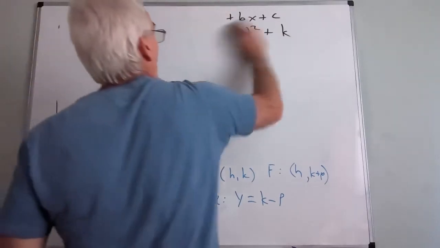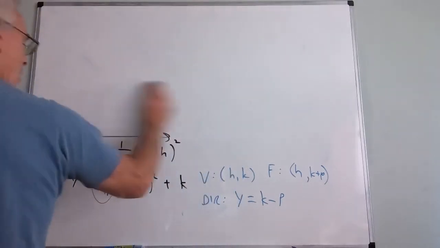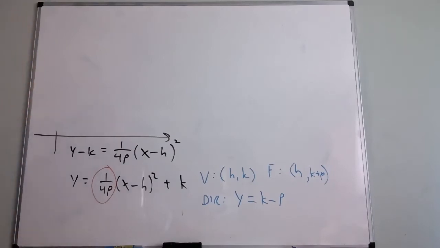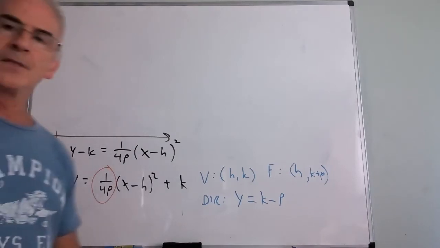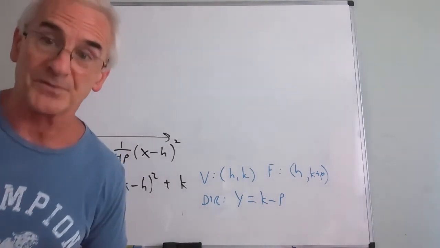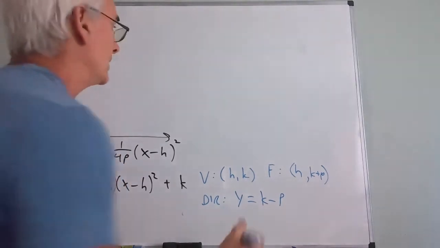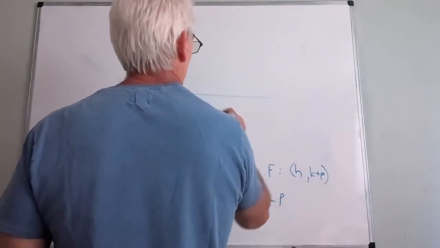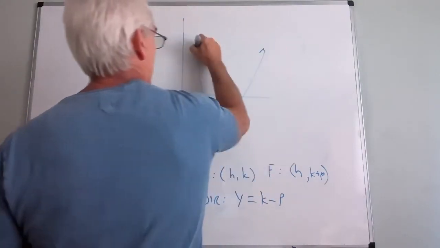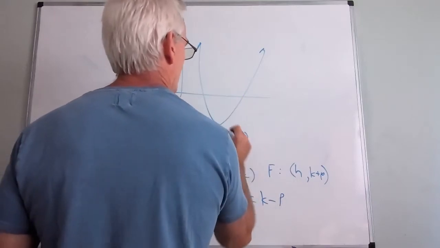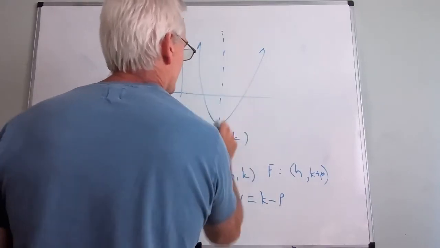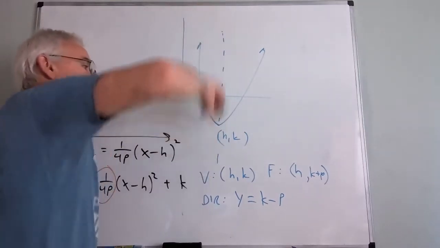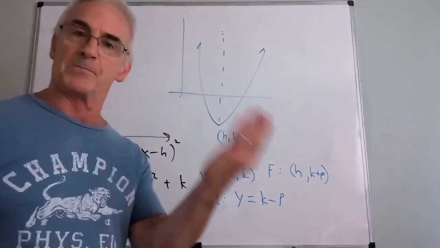By the way, in all of this, where is the axis of symmetry? Because it turns out in a parabola, absolutely the first thing you can always find is the axis of symmetry. Regardless of which way it opens, if this is the point h comma k, the axis of symmetry is the vertical line that passes through the vertex that acts like a mirror.